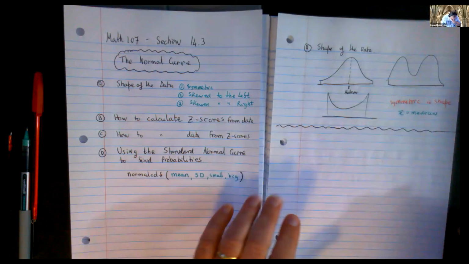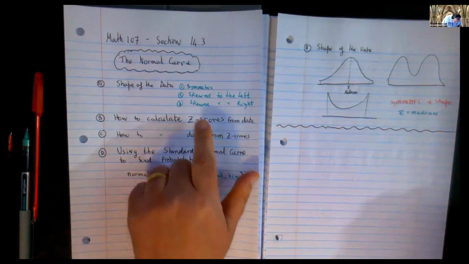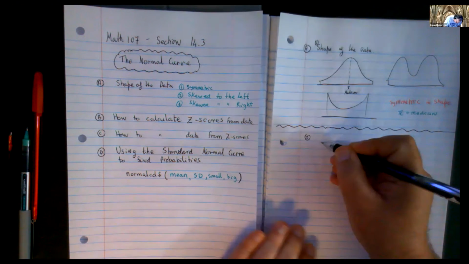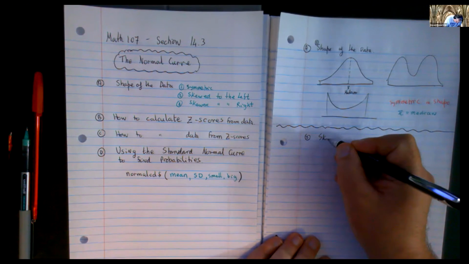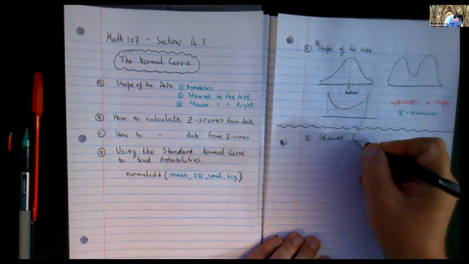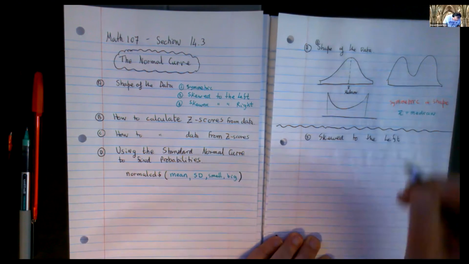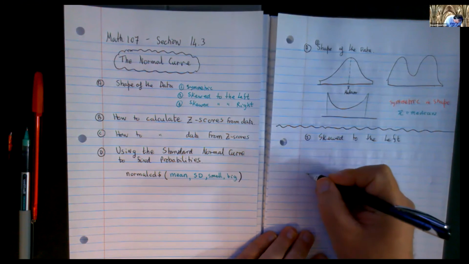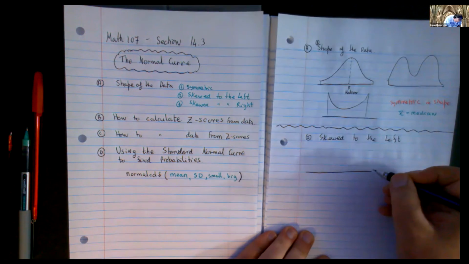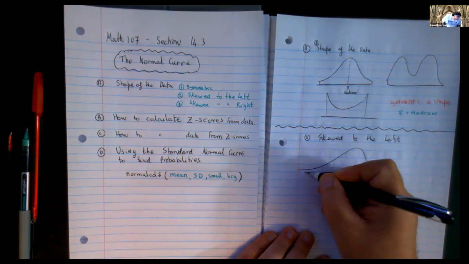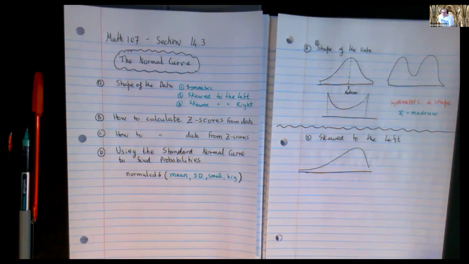Okay. That's number one. Number two is called skewed, strange name, skewed to the left. And that's what skewed to the left looks like.